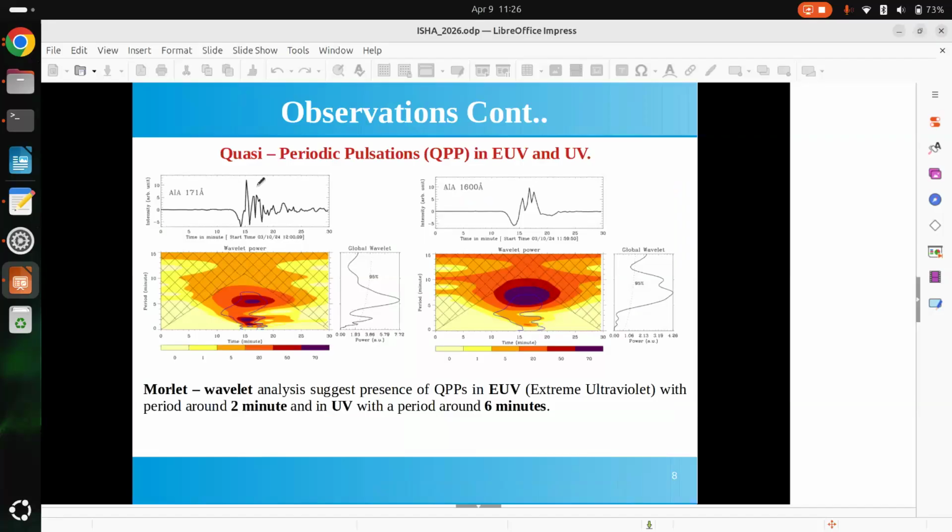In extreme ultraviolet, we observed quasi-periodic pulsations with a time period of about 2 minutes, and in ultraviolet, about 6 minutes. These different periods in different channels of AIA suggest that these QPPs are coming from different regions of the sun, or are associated with different physical processes that give rise to them.